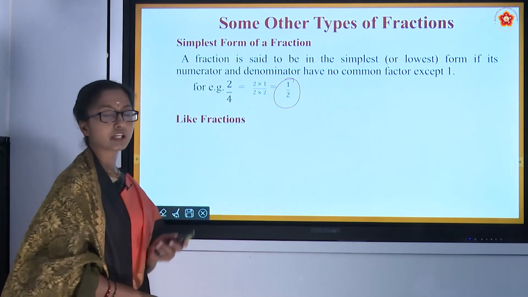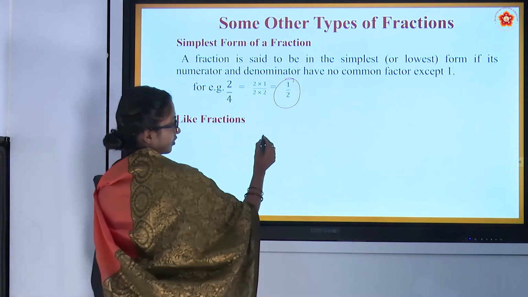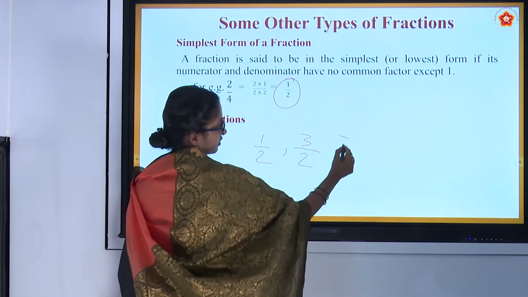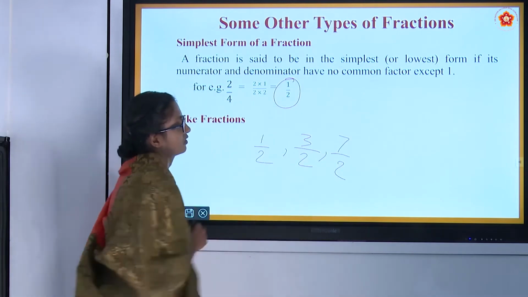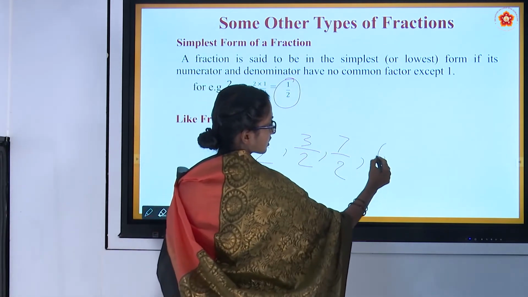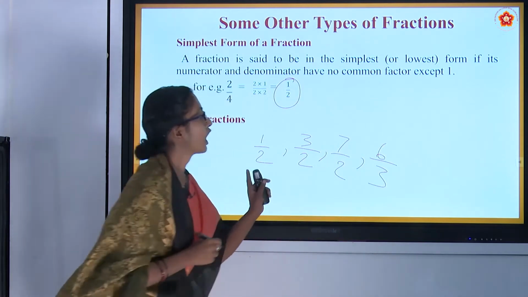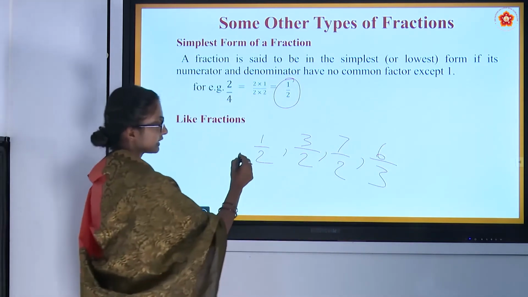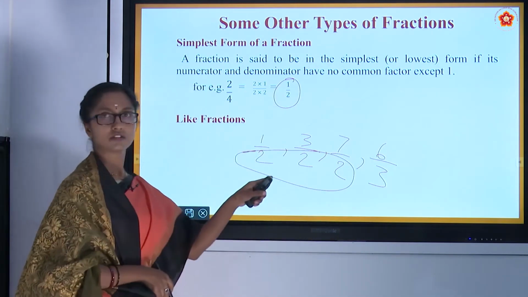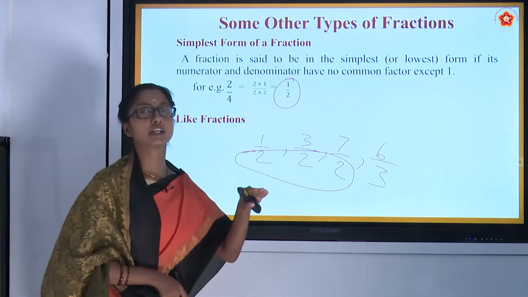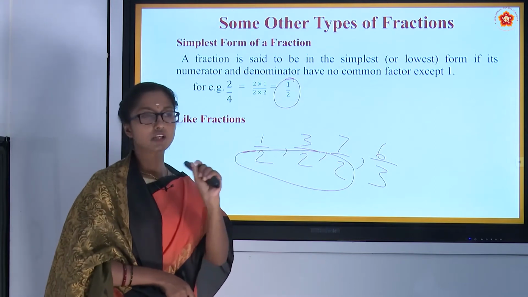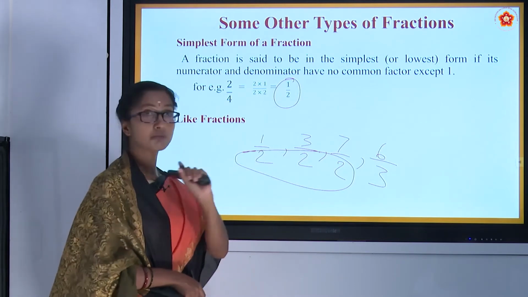What are like fractions? See, let me add one more, 6 by 3. Among these four, these three fractions have the same denominator. If you and your friend have the same type of pencil, then you'll say we both have like pencils, right?